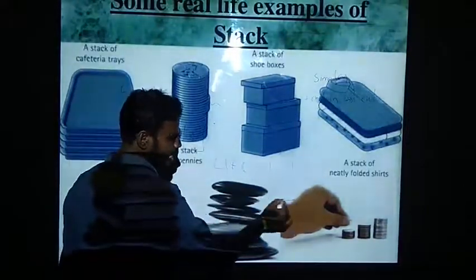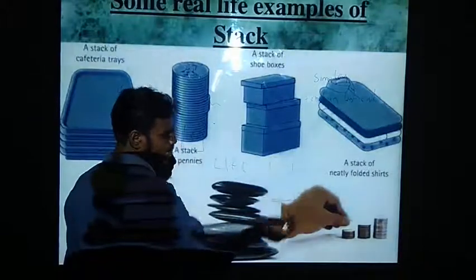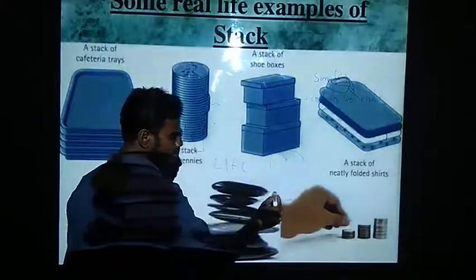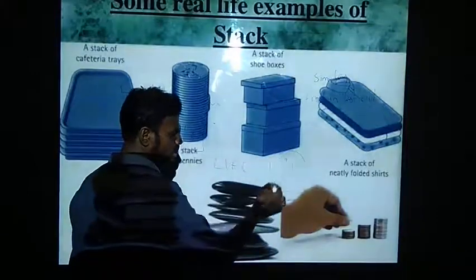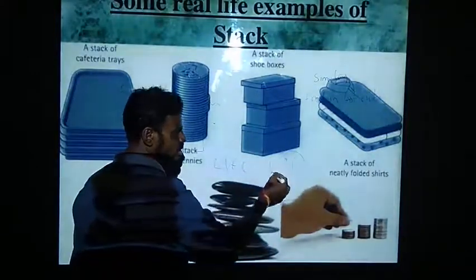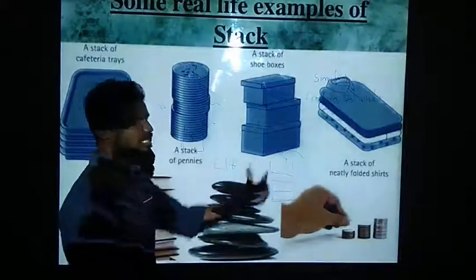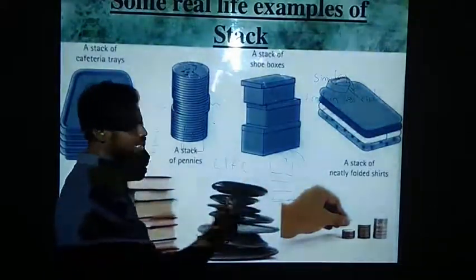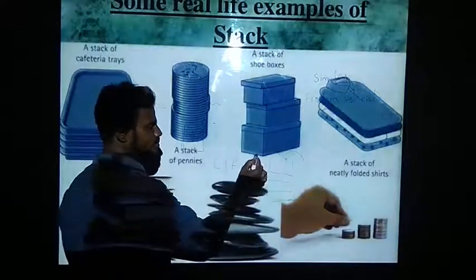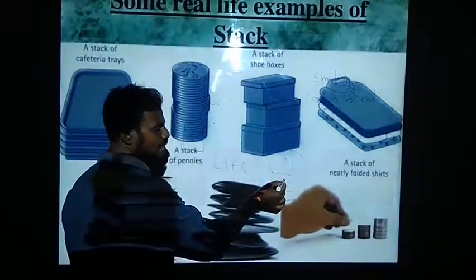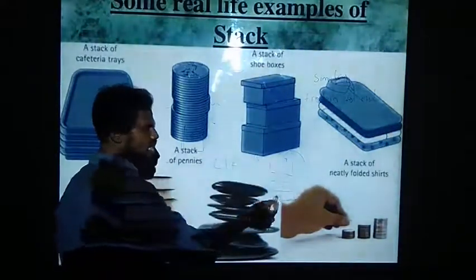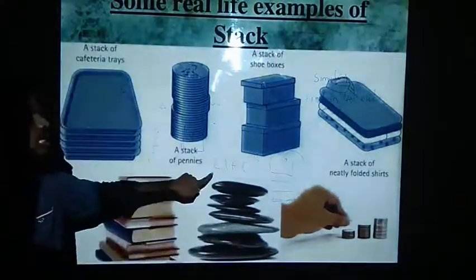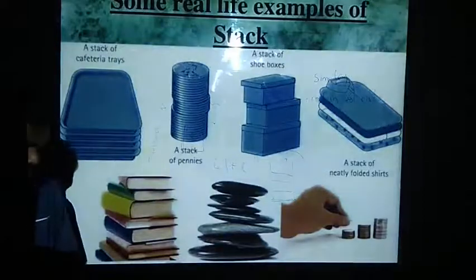We will have an end point. So when I insert from this end, I will be inserting the first element, then the second element, then the third element. Like this, I will be inserting from the end. From this end only, I will be taking out my elements. The last element that I have inserted will be taken first, and then next, and then next. Like that, we will be following what? Last in, first out pattern.